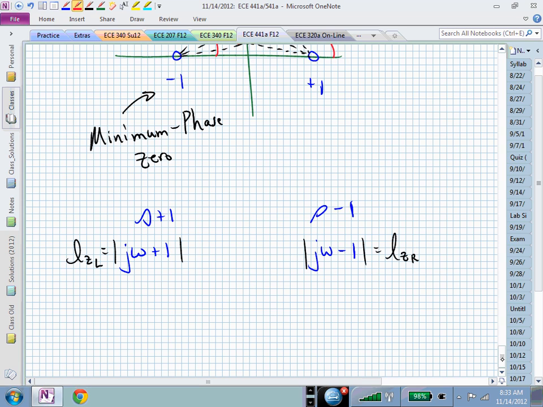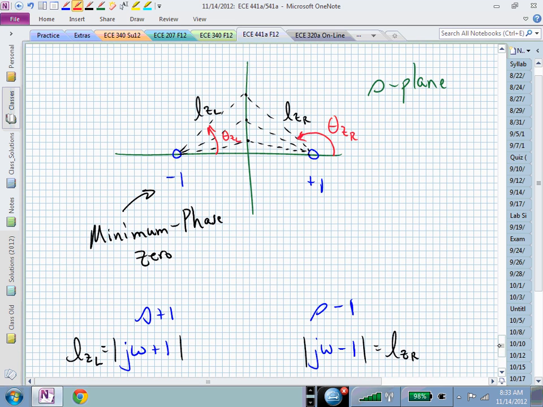So now if I was looking at the phase of this, let's say j omega plus 1 factor, which one is smaller or minimum for the same frequency? The one in the left half plane.